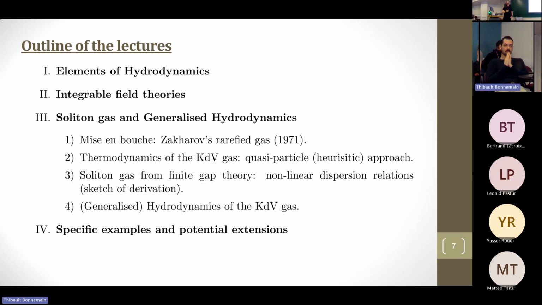And from this, I will construct my equilibrium state, my GGE. Then to lay out the ingredients of my heuristic approach, I give you an alternative approach to derive some of the key results from the previous section, which does not require any heuristic argument or any analogy between solitons and particles, and which is purely based on finite gap theory. And finally, I'll put all of this together and construct the GHD of my soliton gas.